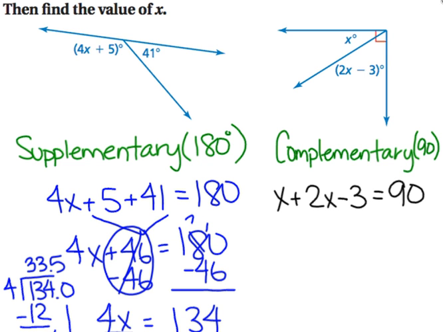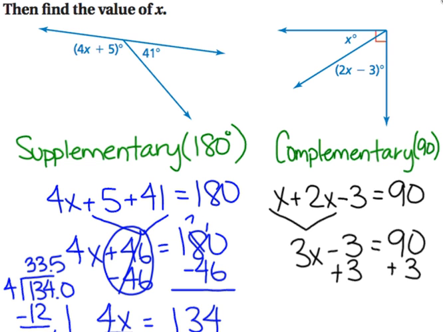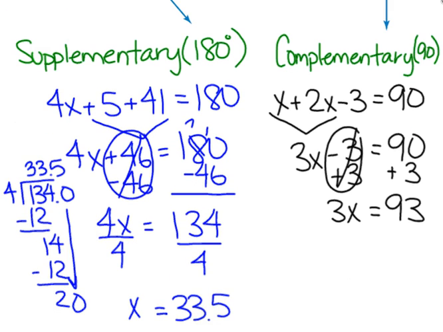And then we can go ahead and combine. x plus 2x is 3x. And then we'll add 3 to each side. So 3x equals 93. And then we'll divide each side by 3 to get a value of 31.